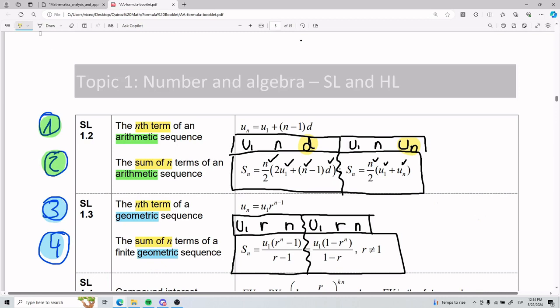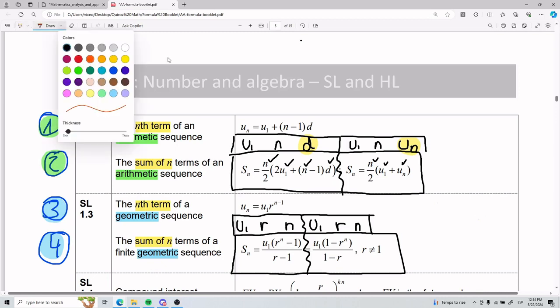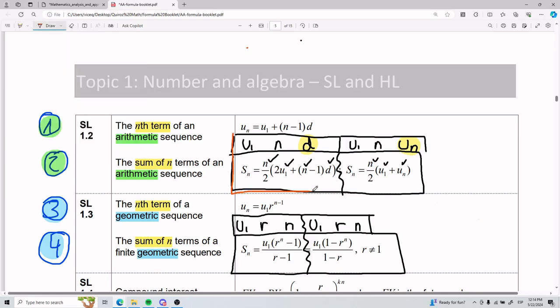Which formulas have u1? Well, both of the sum ones have u1, and u1 is also up here. But what's the problem? Even though u1 is up here, it asks for d. Do we have d yet? No, we don't. And so you cannot use this one, and you also cannot use this one over here, because you don't have d.